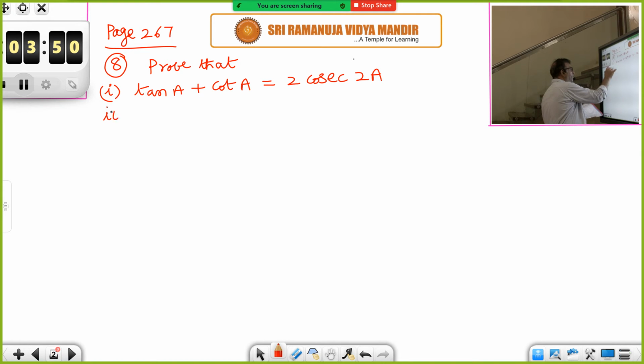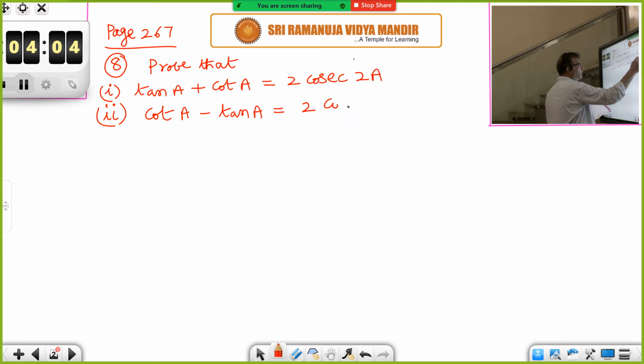Number 2, cot A minus tan A is equal to 2 cot 2A.